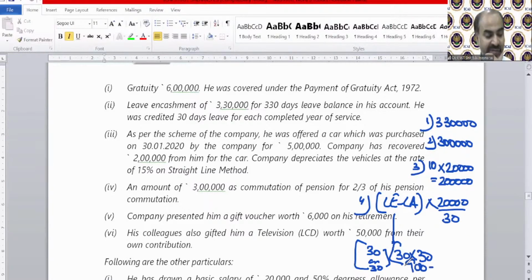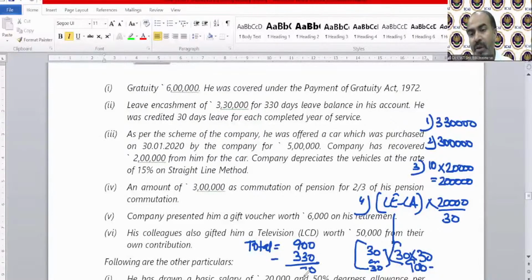And leave availed is not given in the question, because 3,30,000 for days leave balance, that means unavailed, is given. So if unavailed is given, then we need to find the leave availed. And I've told you the provision, the concept: total leave, that is 900, minus leave unavailed, that is 330.